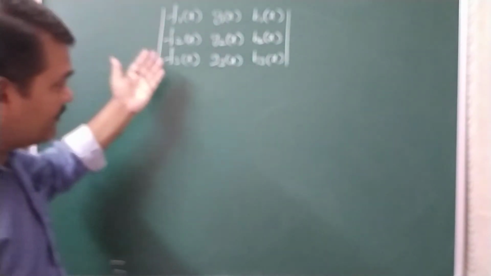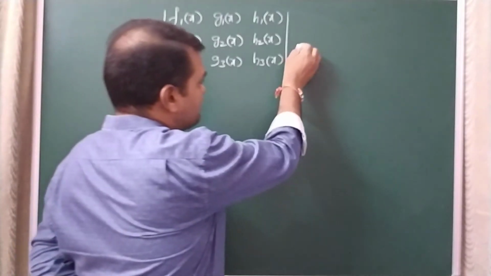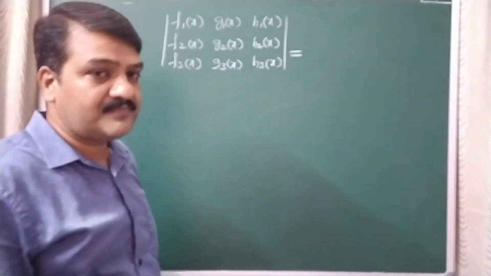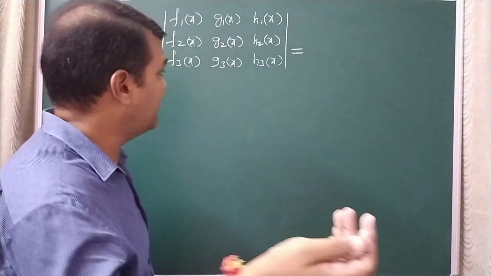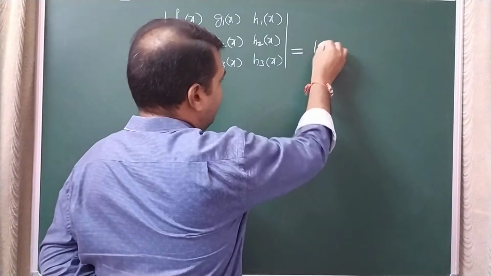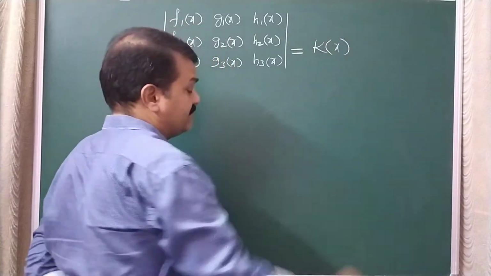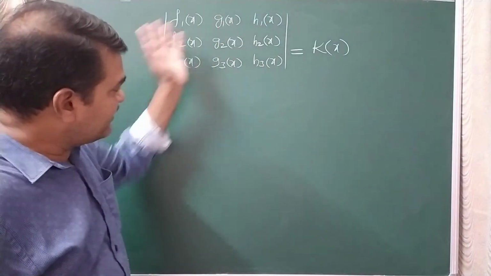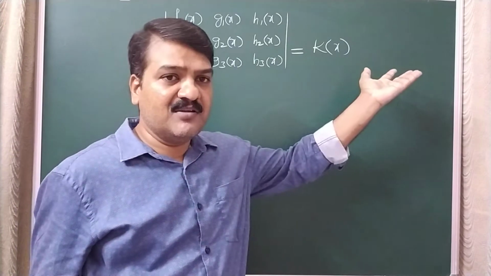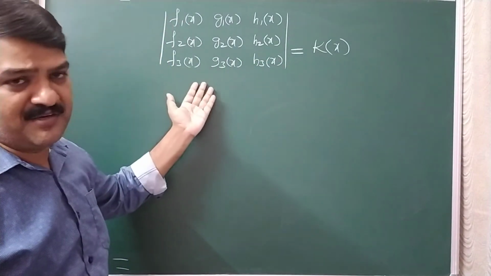If you expand the determinant, you will definitely get a polynomial only, because the elements are polynomials.